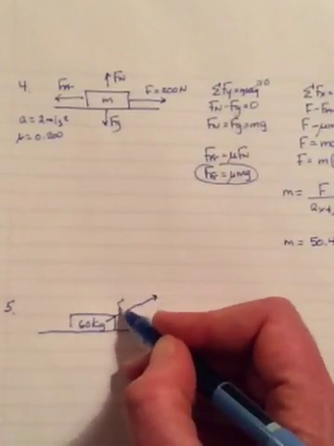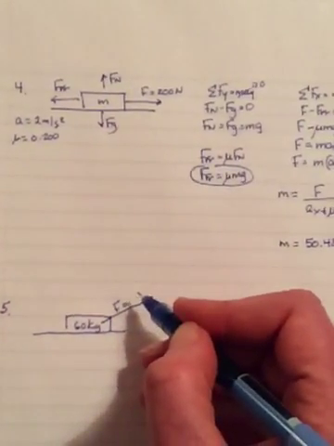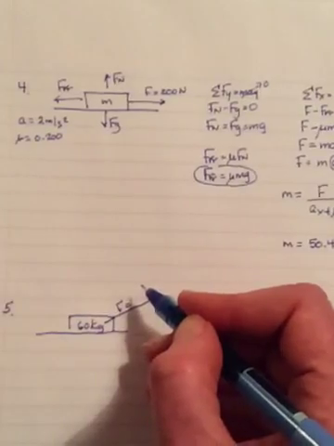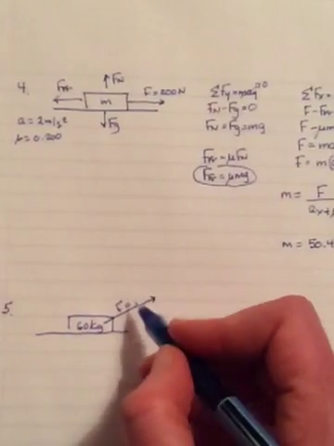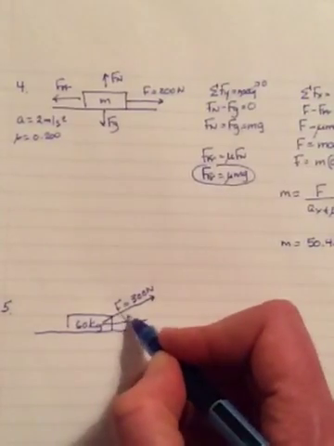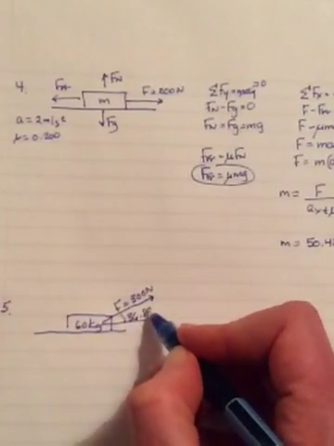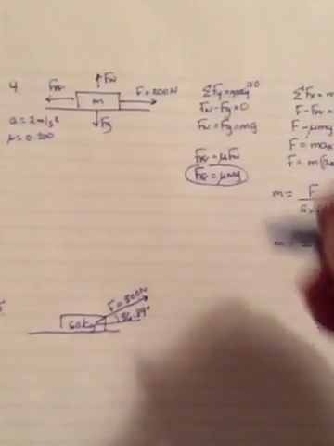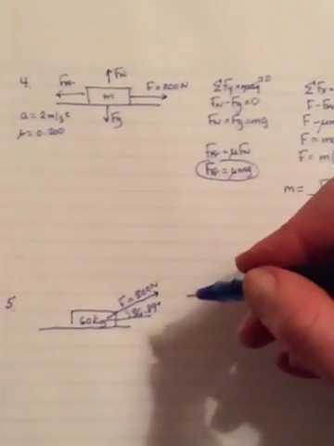So this force is 300 newtons, and the angle is 36.89. I don't know why it's 8.9. It should be 8.7. I think that was a typo on my part, but okay, 8.9.